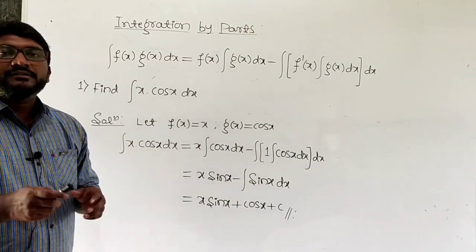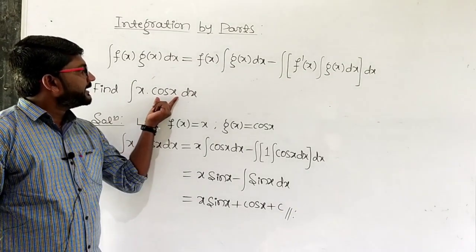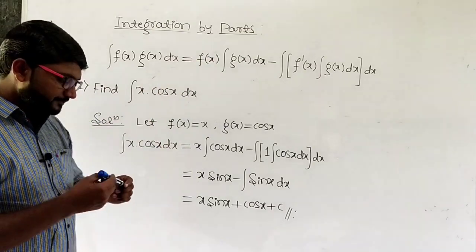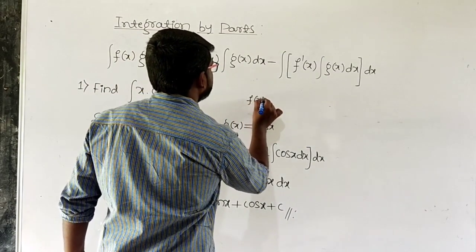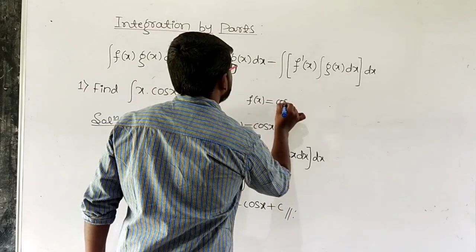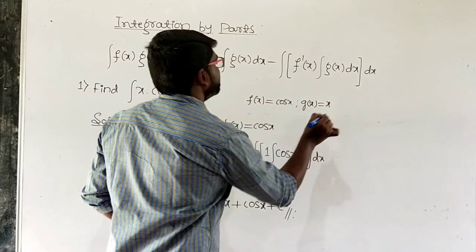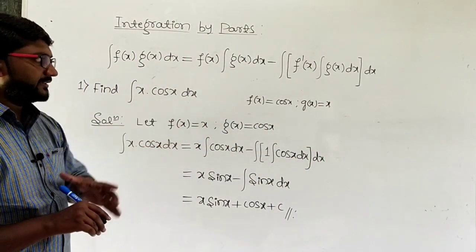So here the question that arises is, can we take the second function as the first function and the first function as the second function? For example, if we take f of x as cos x and g of x as x, what happens if we take these two? So let us take up this case also.